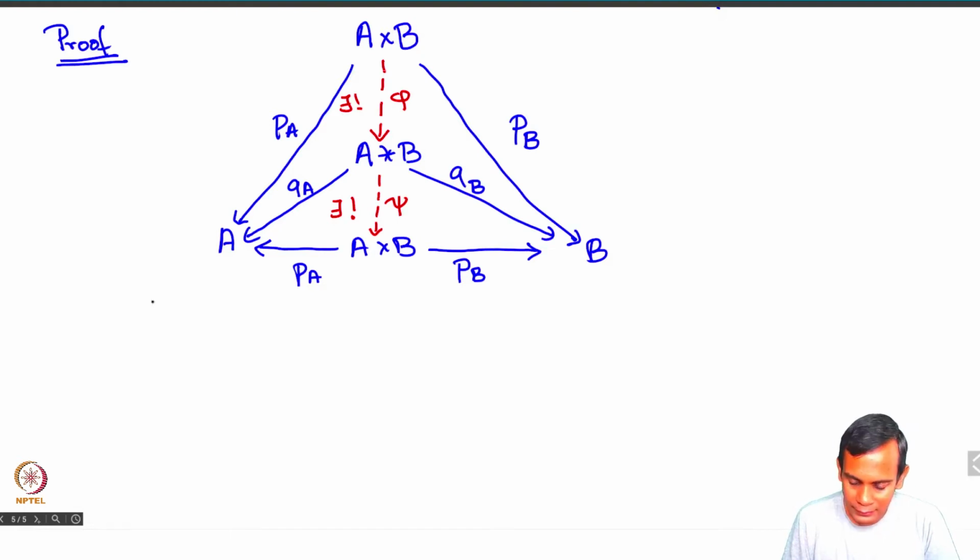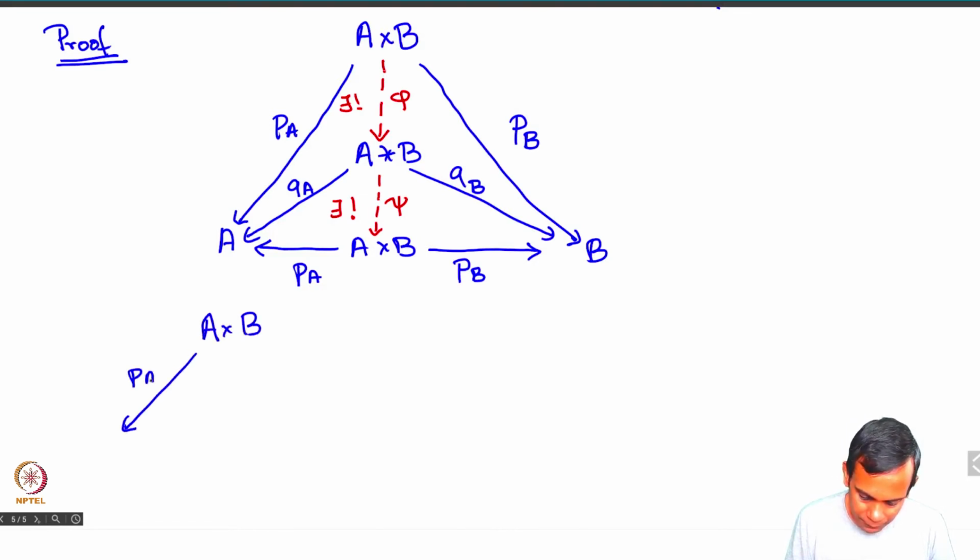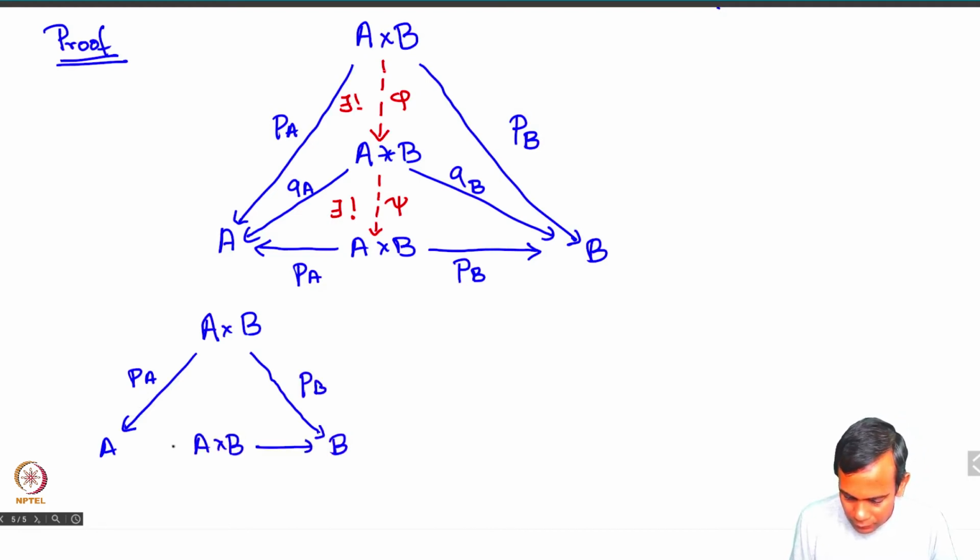Now let's consider a slightly different diagram, a simplified version of this. So we have A cross B, we have PA to A, and we have to B, we have PB, and we also have, well, PA and PB.